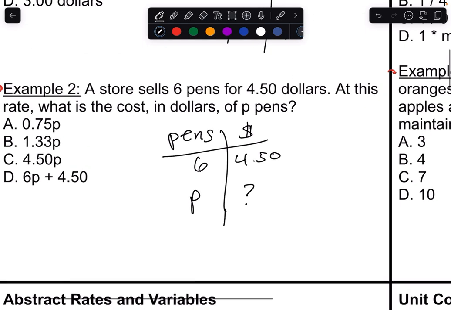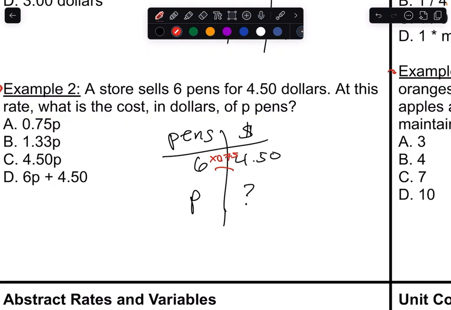So for example, same idea here. How much is it just for 1 pen? Well, if I look at my conversion from this way, 450 divided by 6 is going to be, in that case, 0.75. So 6 times 0.75 gives me 450.